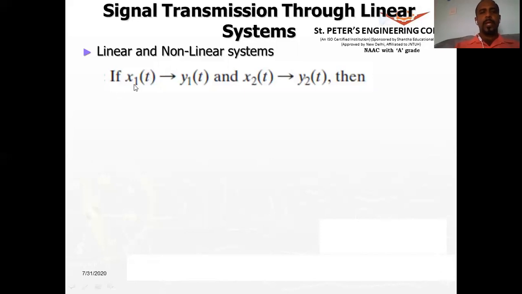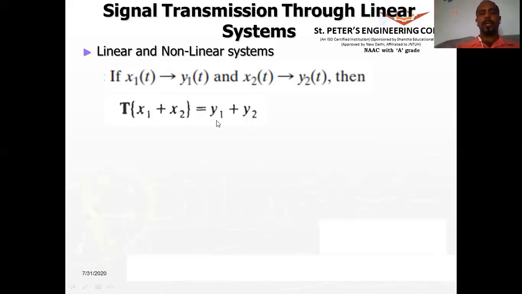If x1 of t is the input and y1 of t is the output, similarly, if I give x2 of t as an input, which gives me an output y2 of t, then if I give both the signals, x1 of t plus x2 of t, and the system operation is shown by T of, that is the T operation performed on the signal x1 of t plus x2 of t, then it should give me a result or output y1 of t plus y2 of t.